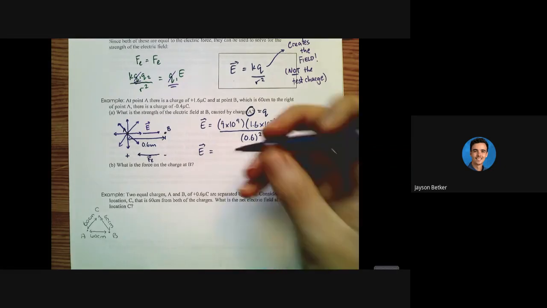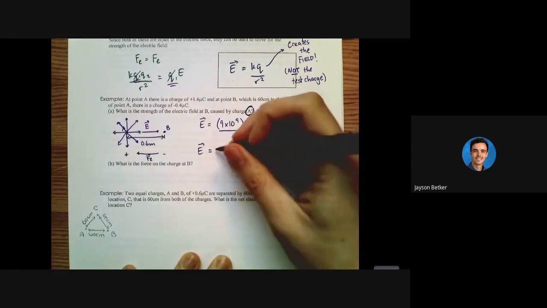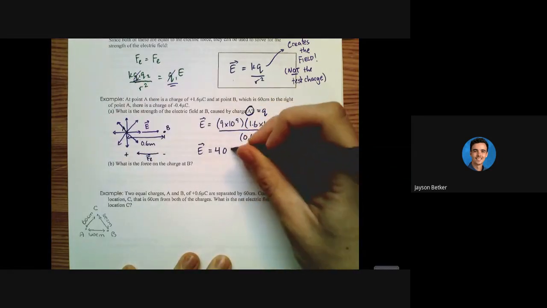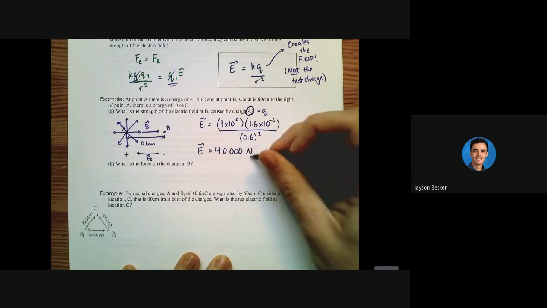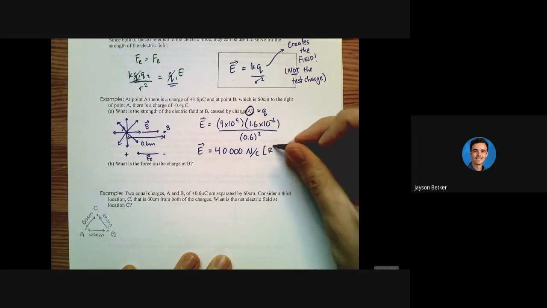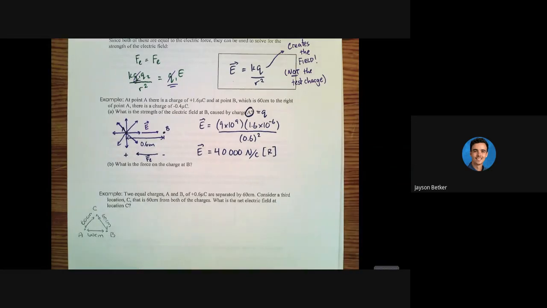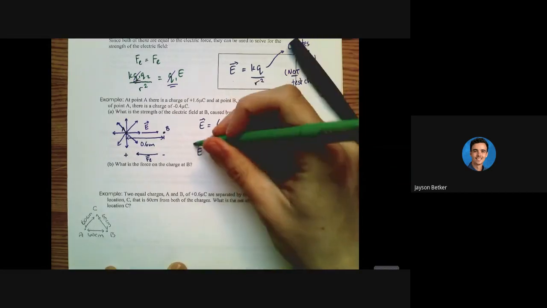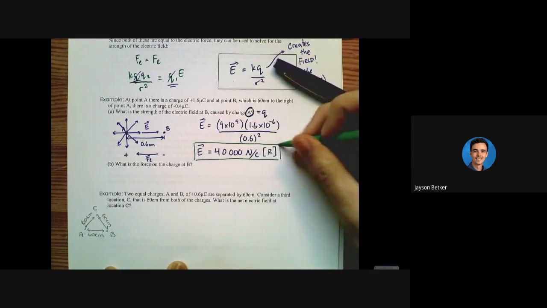And then the direction is going to be the way that it's creating that field. So it should be 40,000 newtons per coulomb. And then our direction is to the right. Okay?